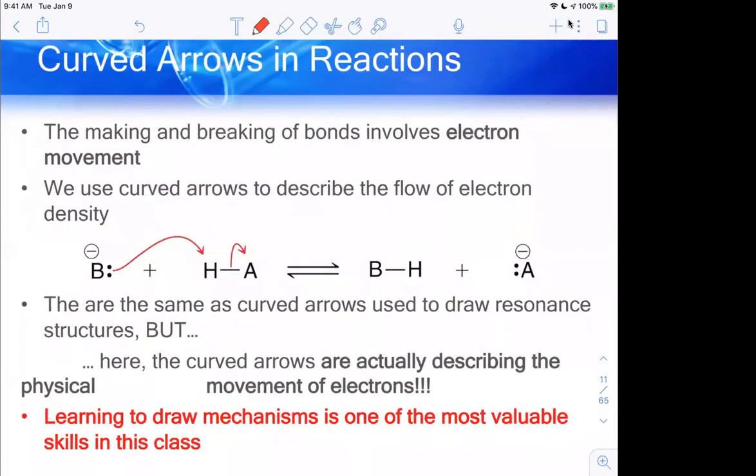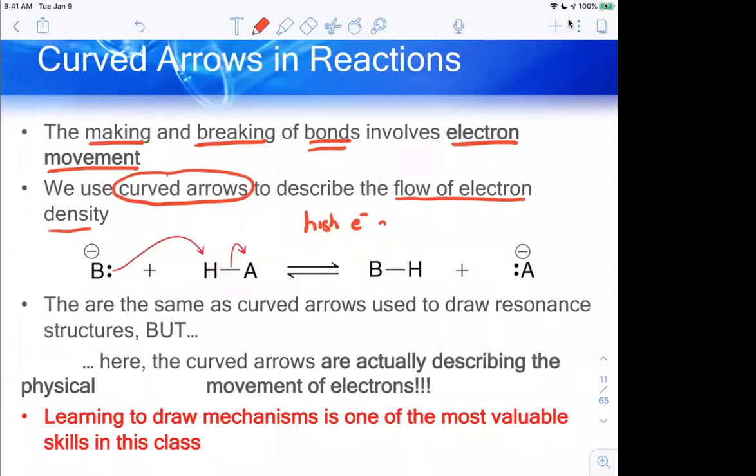So the making of bonds and the breaking of bonds involves electron movement. We're going to use these curved arrows to describe the flow of electron density. I always go from high electron density to low electron density.